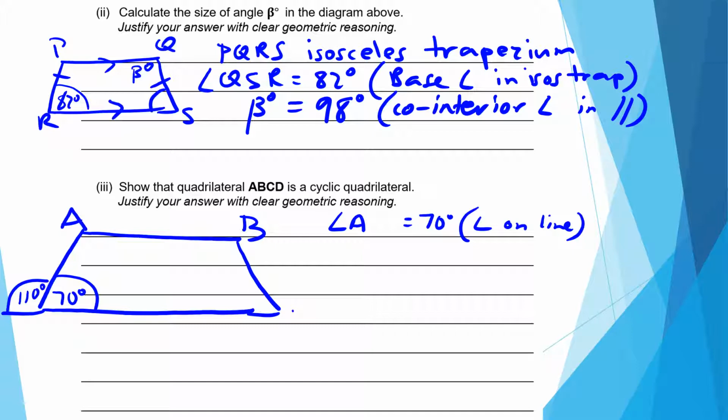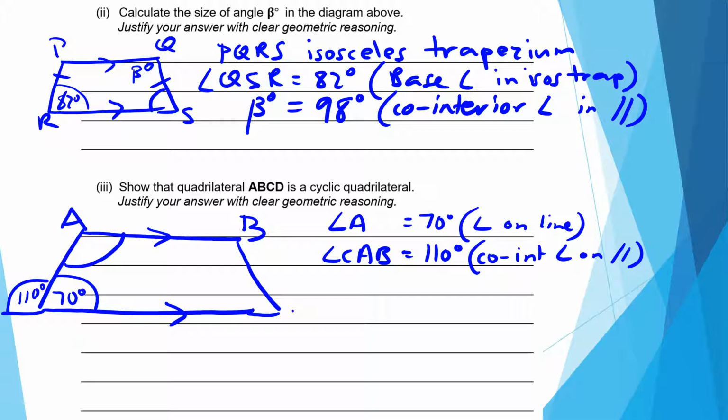Now, what that then means is that angle AB is parallel, of course, to CD. So angle CAB equals 110 degrees because they are co-interior on parallel lines.